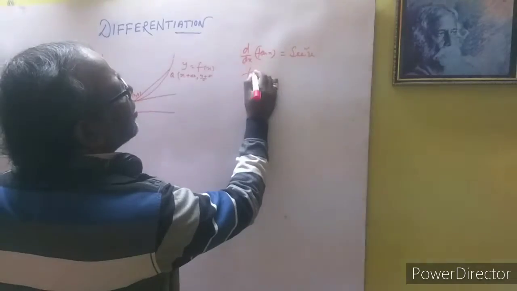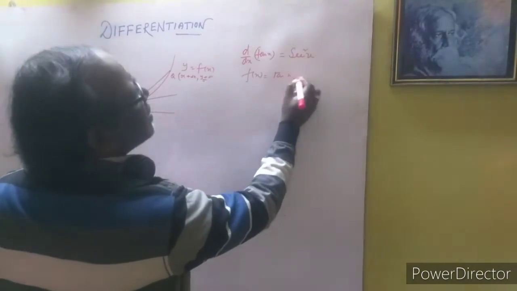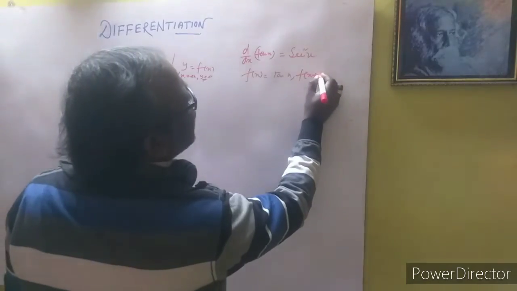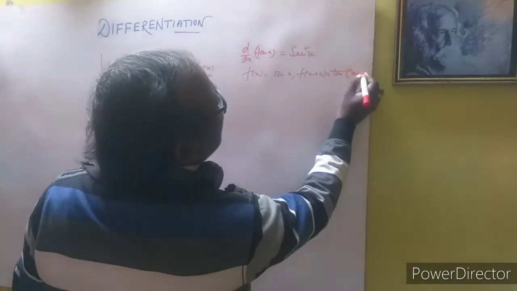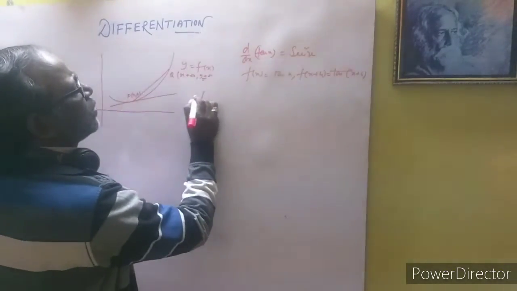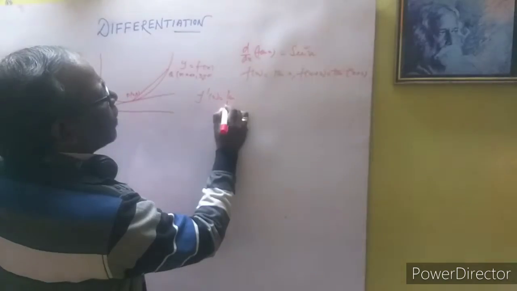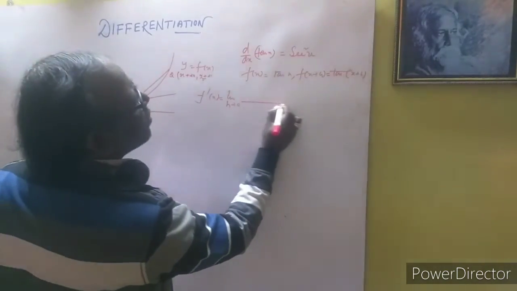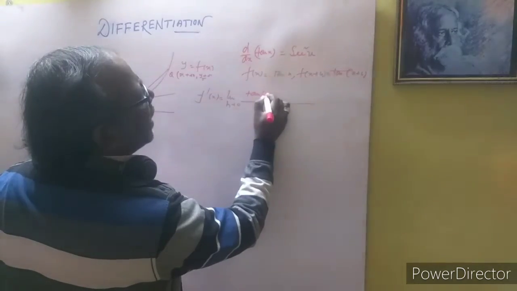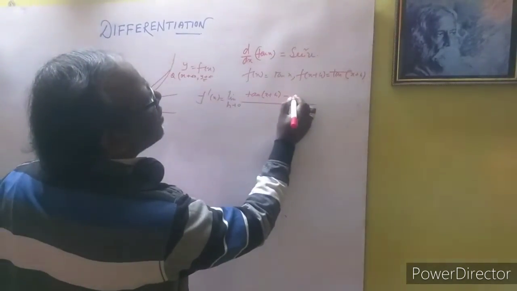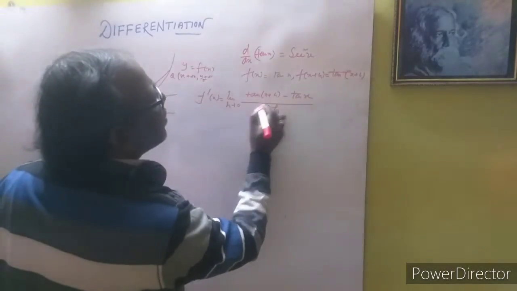Same as for sin x, with f of x equal to tan x, therefore f of x plus h is equal to tan of (x plus h). So f dash x is equal to limit h tends to 0 of tan(x plus h) minus tan x, by h.